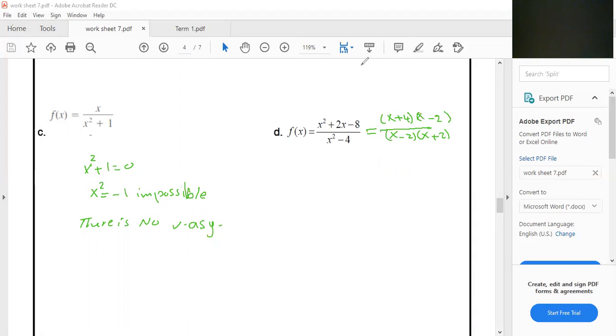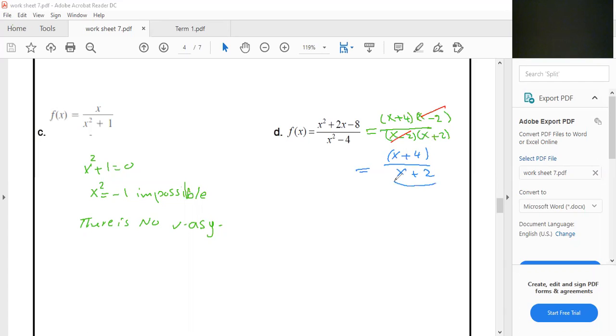Okay, use the red. Now, as you see, this one is common, like this one, I will cancel. I told you I find the vertical asymptote after we simplify the function. The new function will be x plus 4 over x plus 2. Now I can find the vertical asymptote.